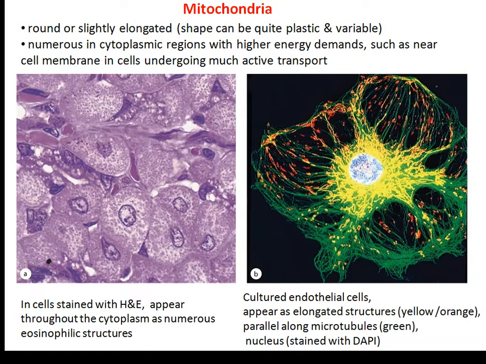That's why cells which require more energy, because of their movement or other needs, have more mitochondria. In cells stained with hematoxylin and eosin, the mitochondria appear throughout the cytoplasm as numerous eosinophilic structures, as in this one. But in cultured endothelial cells they appear as elongated structures, yellow or orange, parallel along the microtubules.